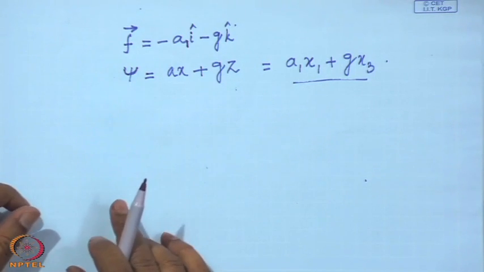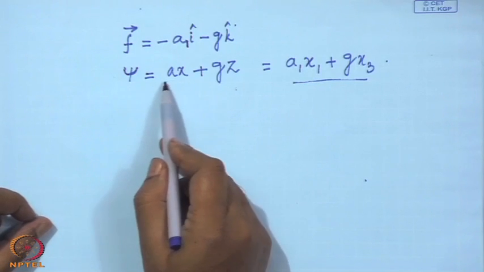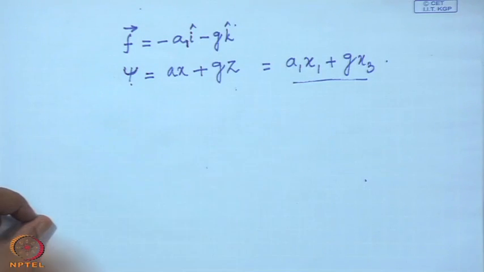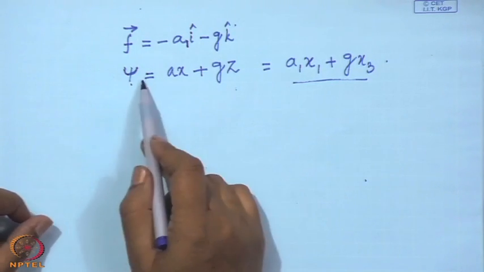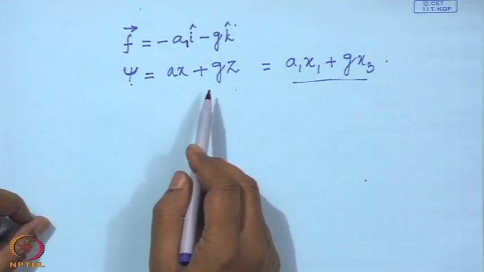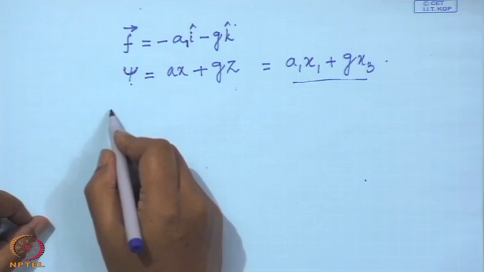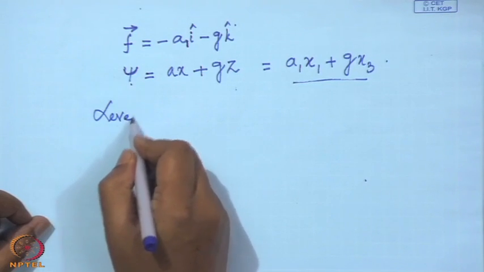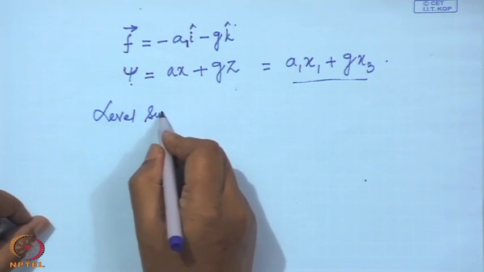Okay. Now, from here you can find out what is the level surface of psi. This gives a level surface of psi. Okay, that z equal to level surface of psi or what?